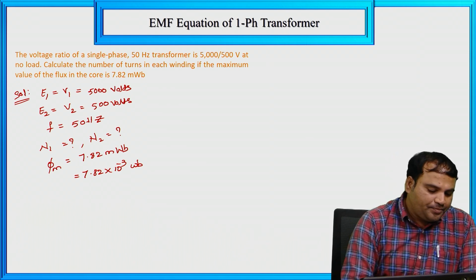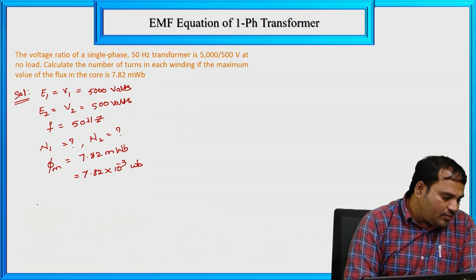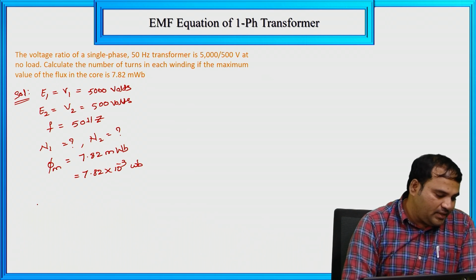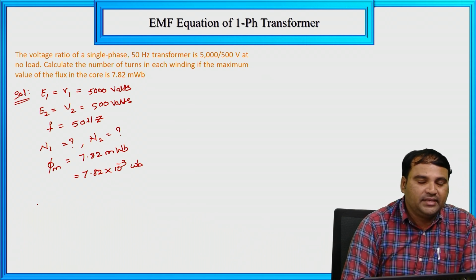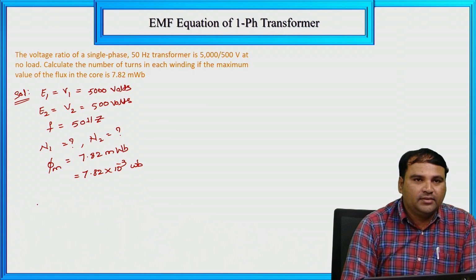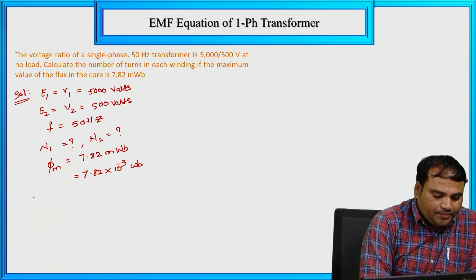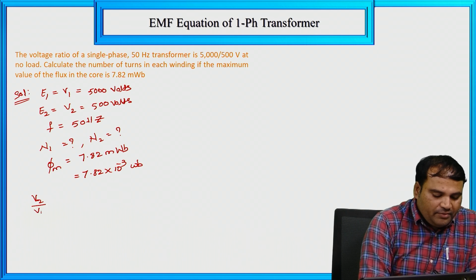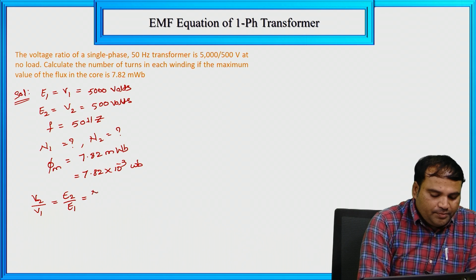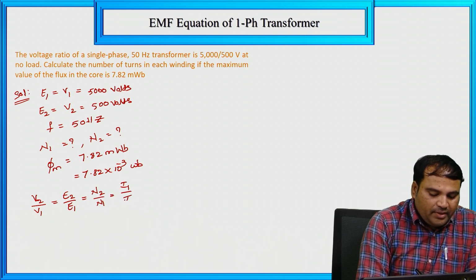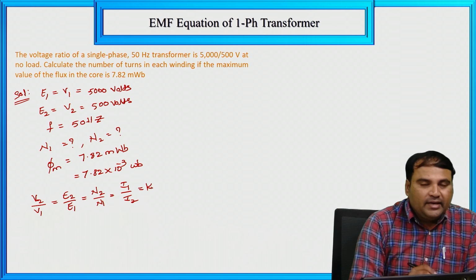So here already we know about the transformation ratio, that is E2 by E1 is equal to N2 by N1, that is equal to V2 by V1, that is equal to I1 by I2. So V2 by V1 equal to E2 by E1 equal to N2 by N1 equal to I1 by I2 is nothing but a transformation ratio.